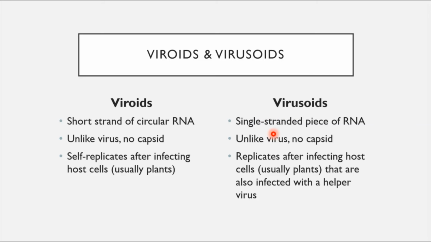Virusoids are composed of a single-stranded piece of RNA. The difference between the two is that viroids are able to self-replicate after infecting their host cell, which is usually a plant. Virusoids are only able to replicate inside of host cells that have also already been co-infected with a helper virus.